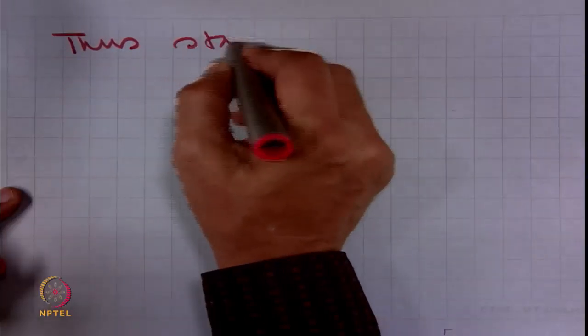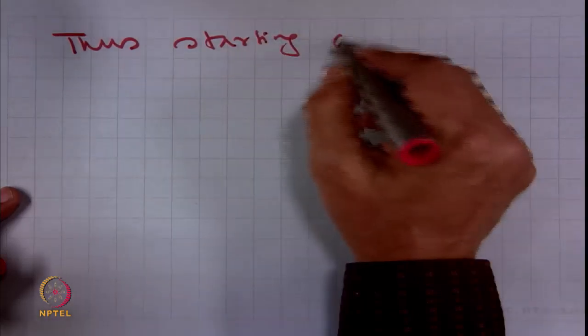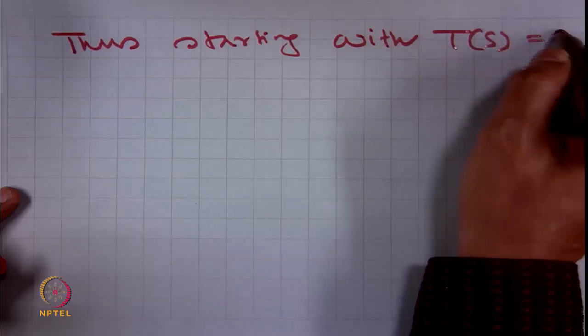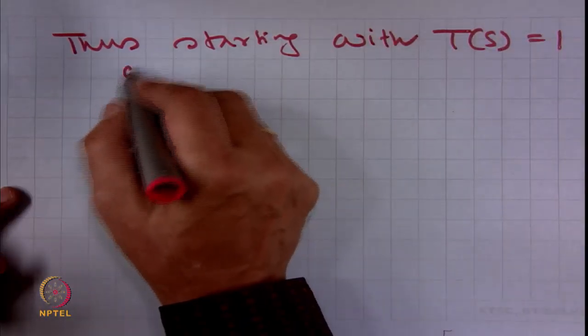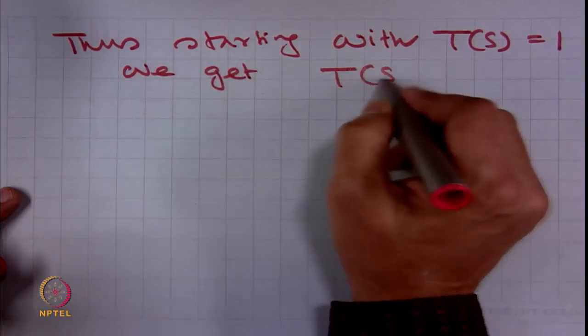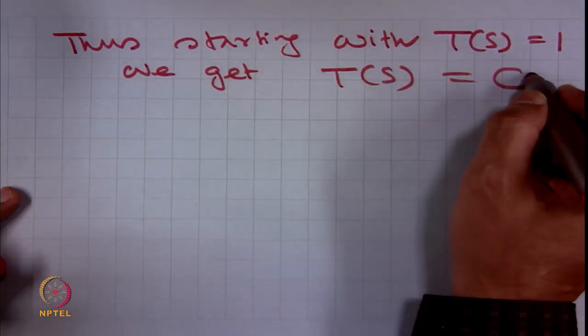Thus, starting with T of S is equal to 1, we get T of S is equal to 0.